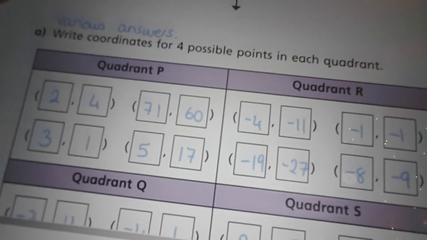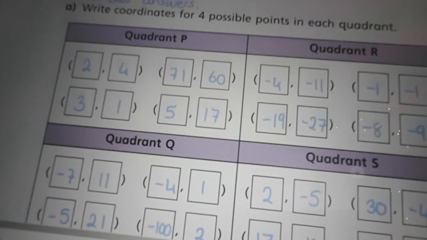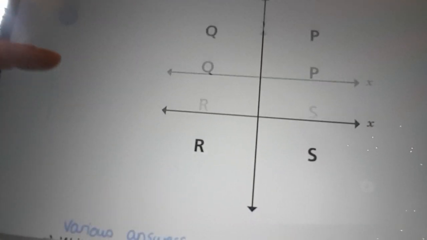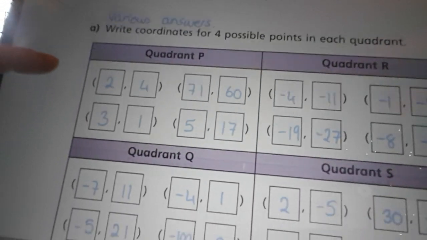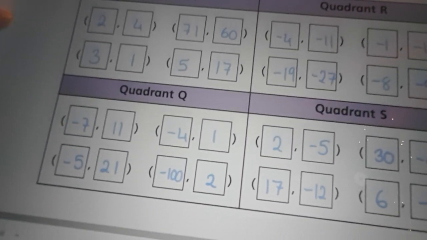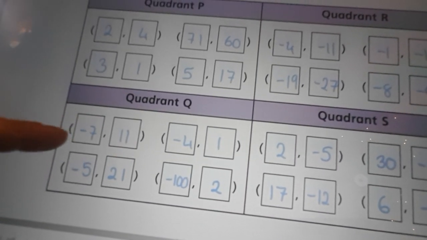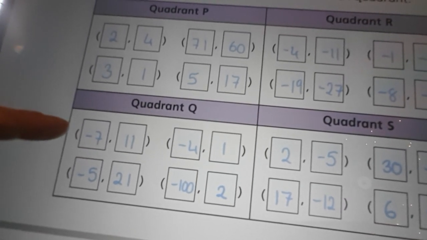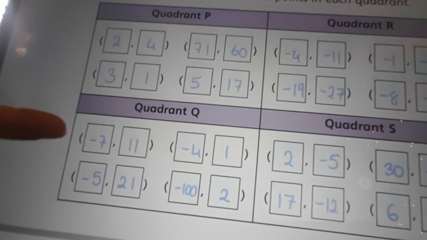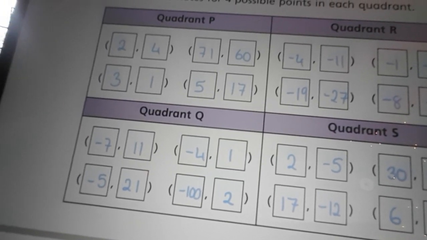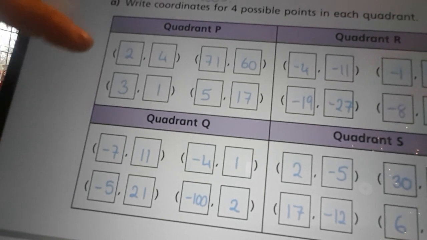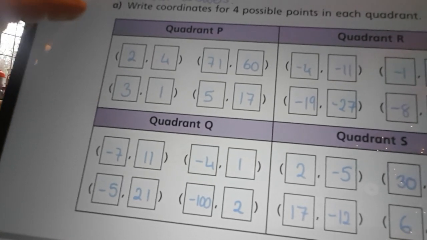So have a look at those answers down there, see if we are right here. Yeah, so where's quadrant Q? Quadrant P is up the top here. Quadrant Q is down the bottom. So along the corridor, coming into quadrant Q is going to be negative. So it's always going to start with a negative number. So it could be -7, and then up the other axis is going to be positive because coming up is positive.